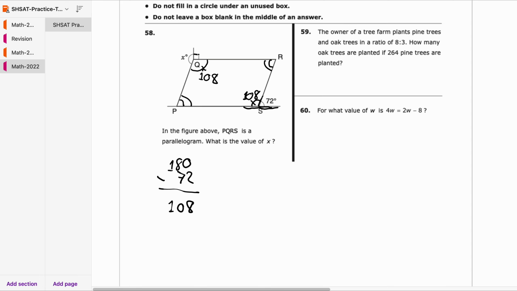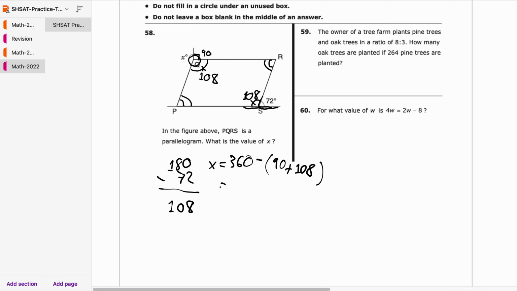And we're told here that this is a right angle, so that would be 90 degrees. And then we know that this whole loop must be 360, right? Because it goes in a full loop. So we can basically define x. We just take 360 and we subtract from that our right angle plus 108 degrees. So we're just solving for the missing value.